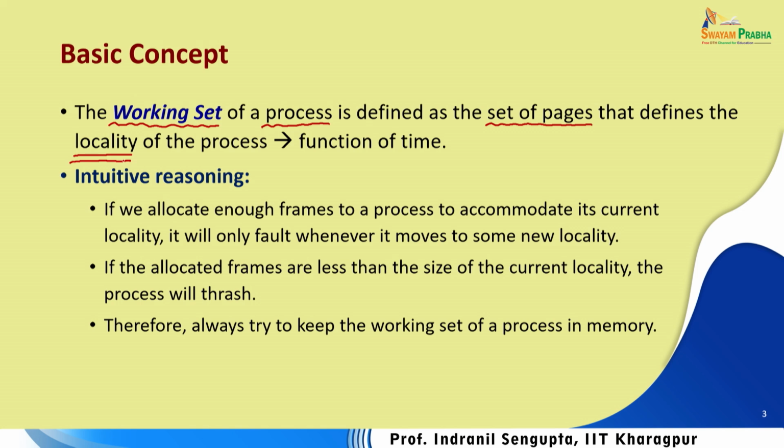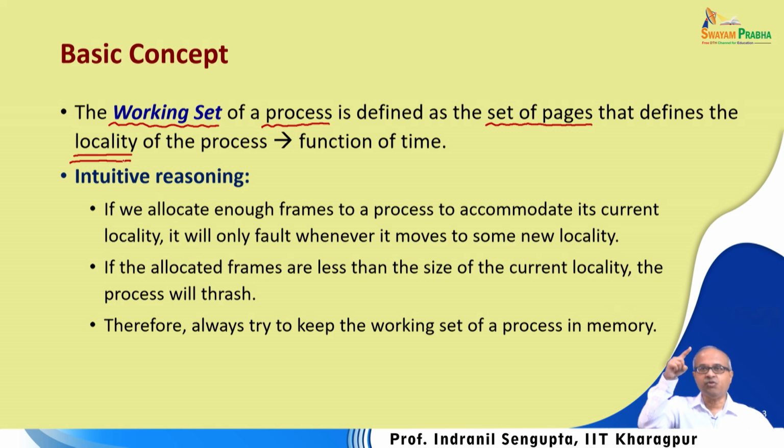Now, if you look at the concept of locality again, if you think of what we discussed earlier with respect to locality of reference, we talked about spatial locality, we talked about temporal locality. We said that when a process is executing, there are certain number of pages which are accessed very frequently. Now, the set of pages that are accessed very frequently can go on changing with time.